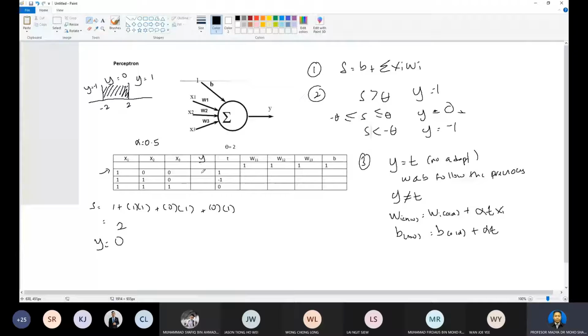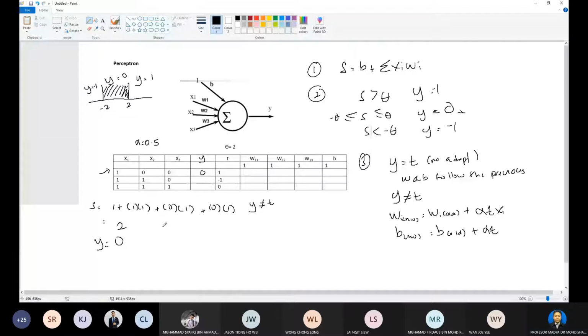Then you can compare with t. So the first iteration, y is not equal with t, so we have to adapt the weight and bias. I will go for weight one new.